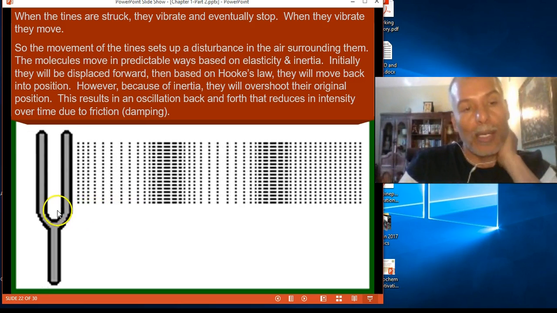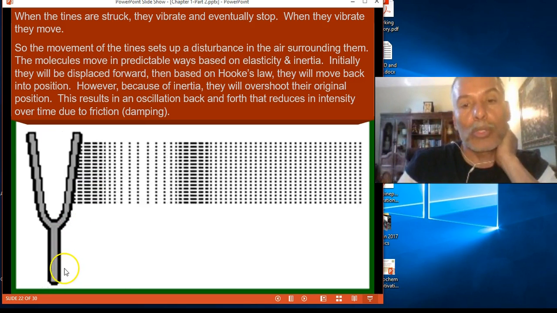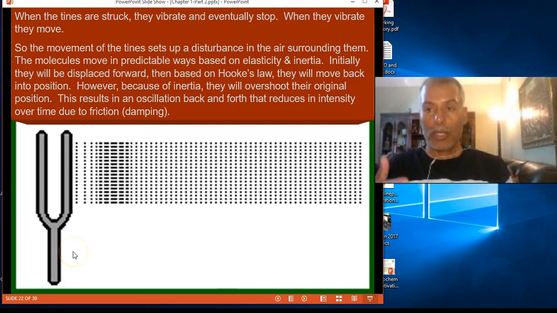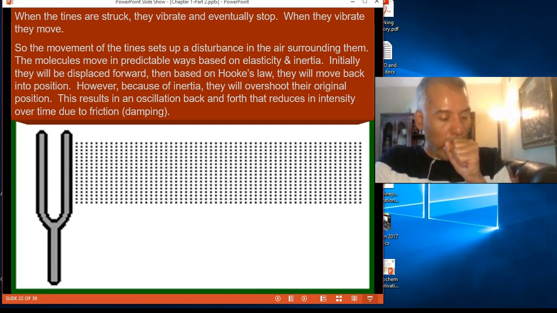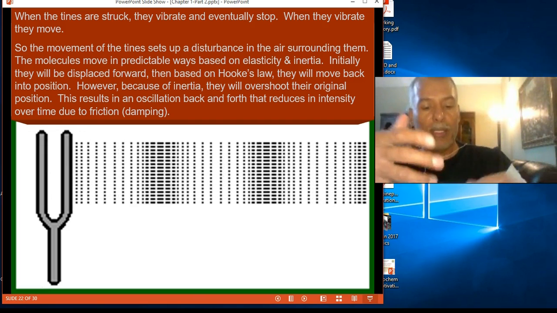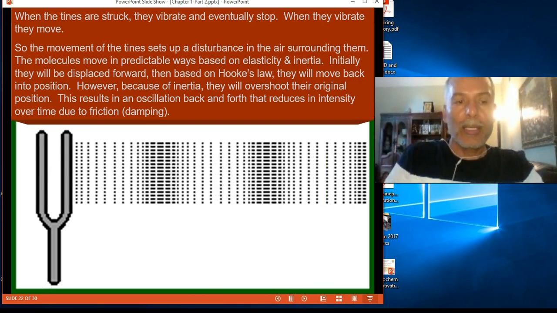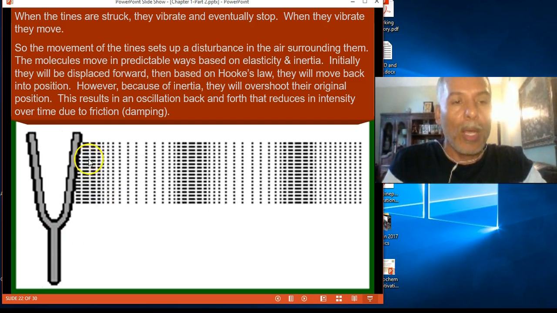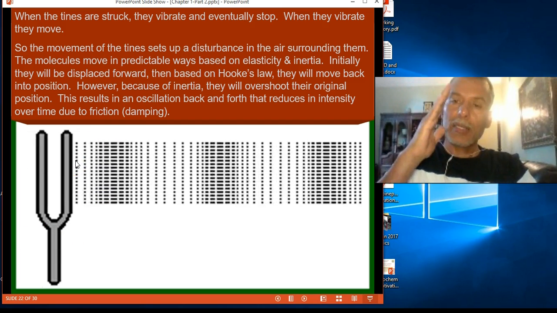A tuning fork is used to tune pianos, to make sure that the frequency of the pianos is the same as they desire it to be. When you hit the tuning fork, it is going to displace it.